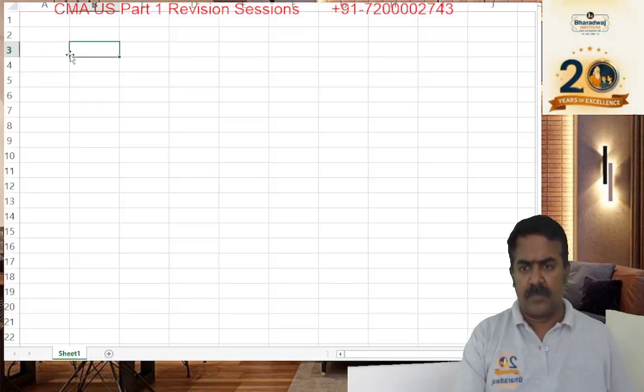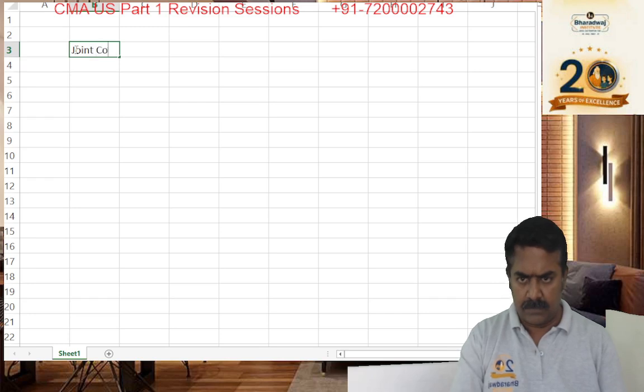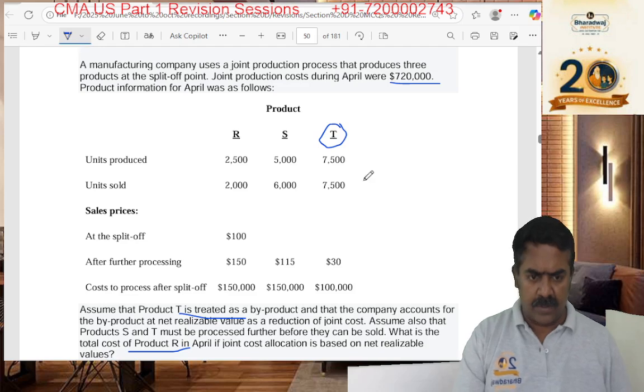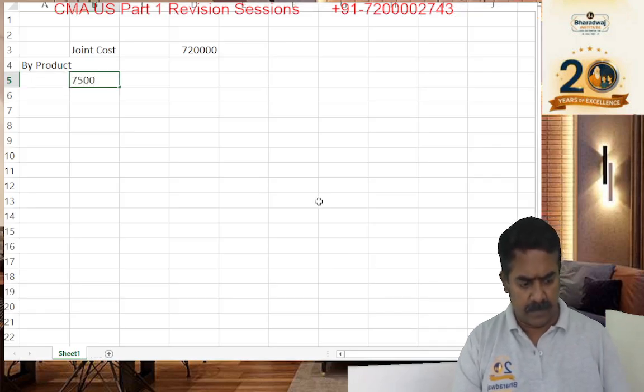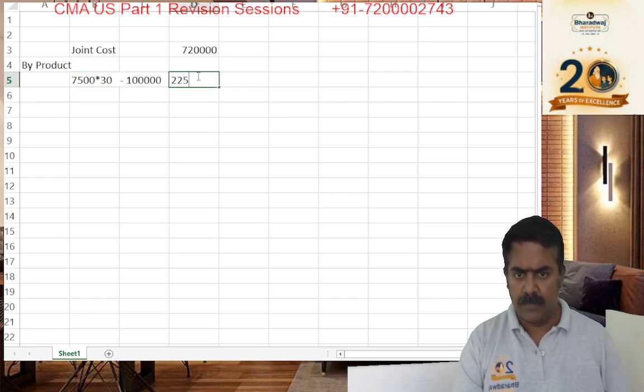Let us see what the joint cost is. 7,20,000 less byproduct. 7,500 into 30 minus 1 lakh, that is 2,25,000 minus 1,00,000, so 1,25,000.